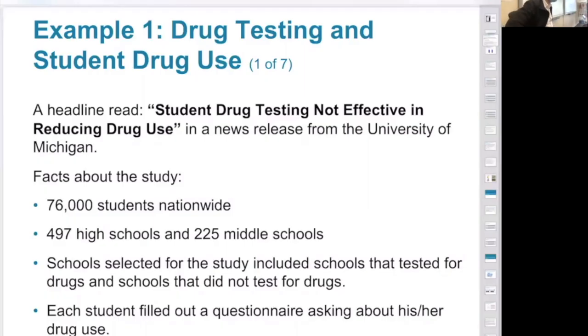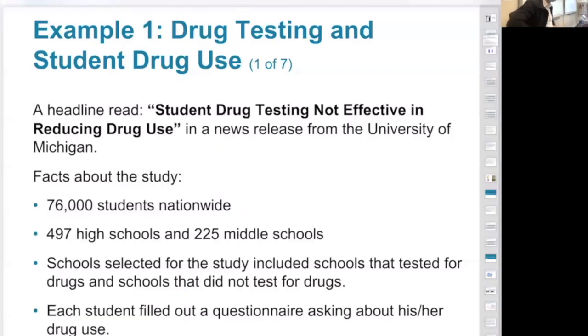In this study, we had 76,000 students nationwide. They came from 497 high schools and 225 middle schools. Schools were selected for the study, including schools that tested for drugs and schools that didn't test for drugs.